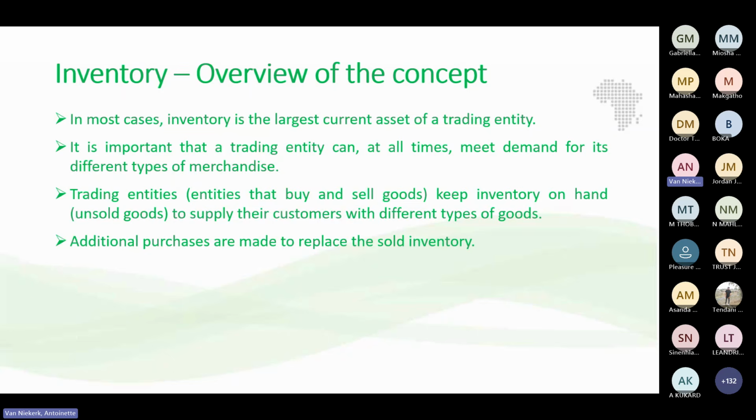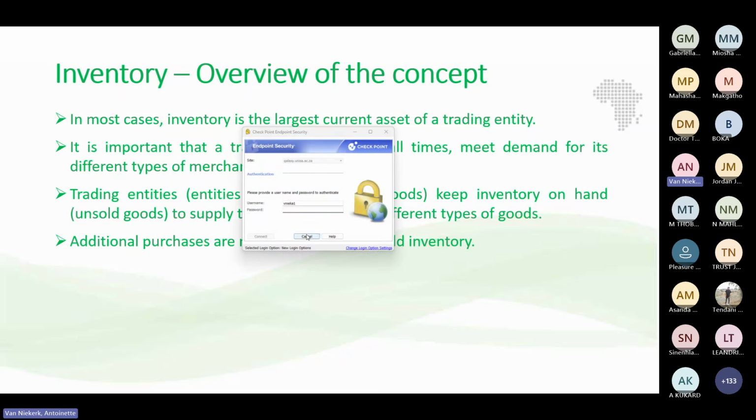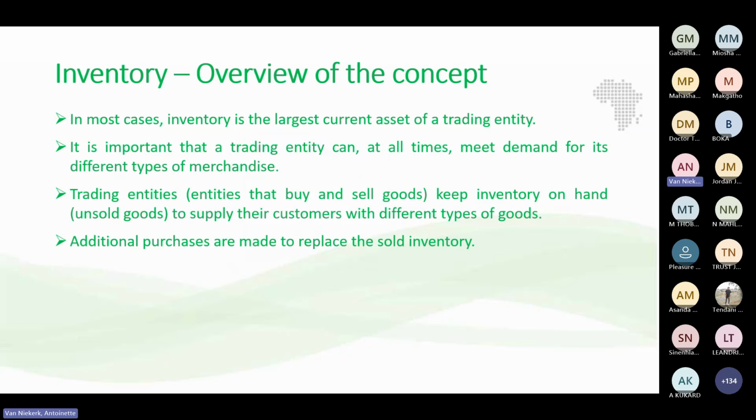Trading entities, entities that buy and sell goods, keep inventory on hand, that's your unsold goods, to supply their customers with different types of goods. Additional purchases are made to replace the sold inventory.